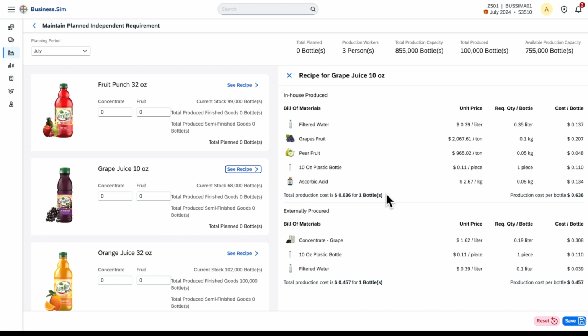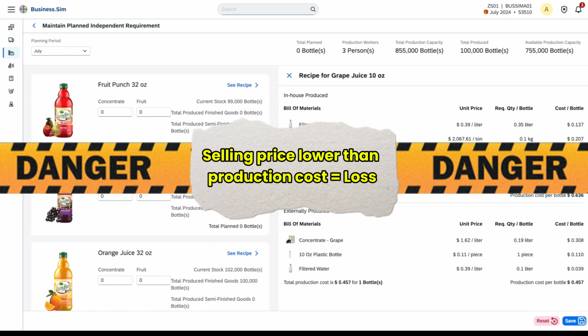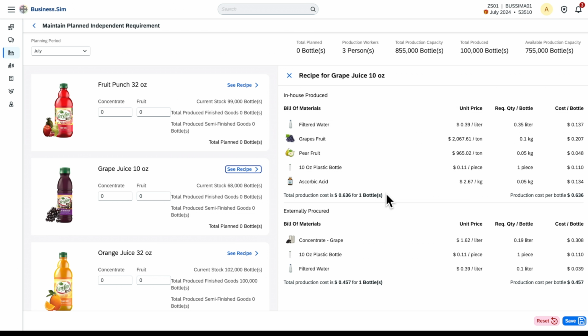Finally, you can see at the bottom of the raw material section, there is information regarding the total production cost, which means that this is the cost that you have to spend to produce one bottle of juice. Therefore, it is recommended that you sell each bottle above the production cost. If the selling price of one bottle is below the production cost, your company will experience a loss.